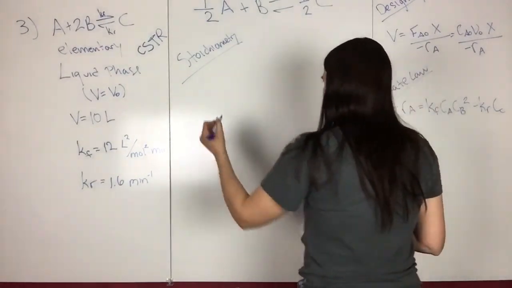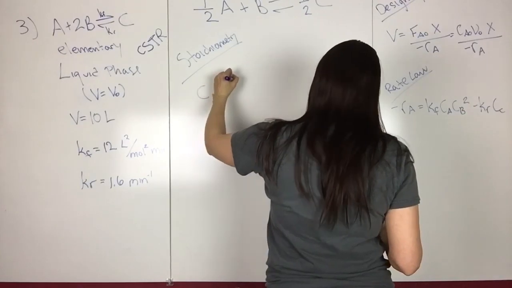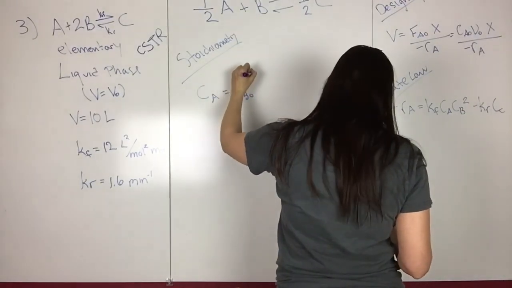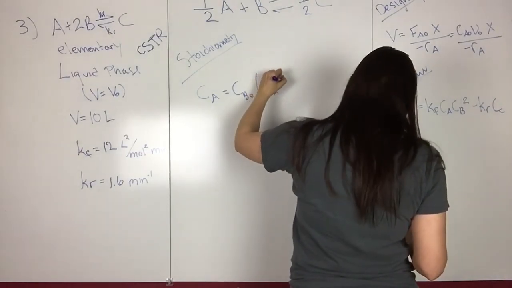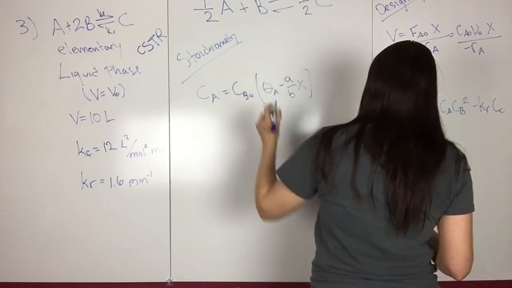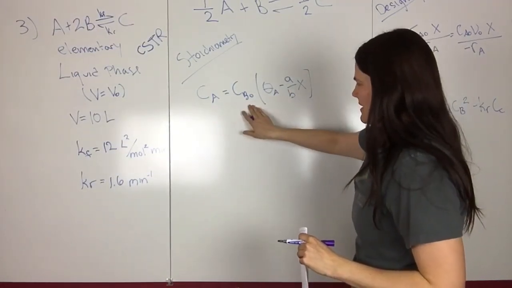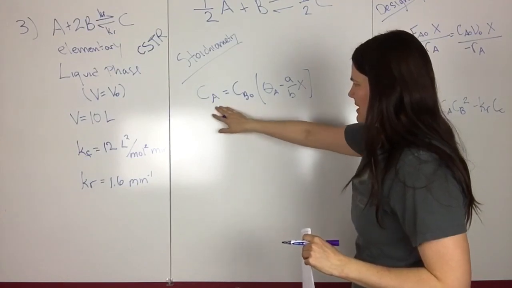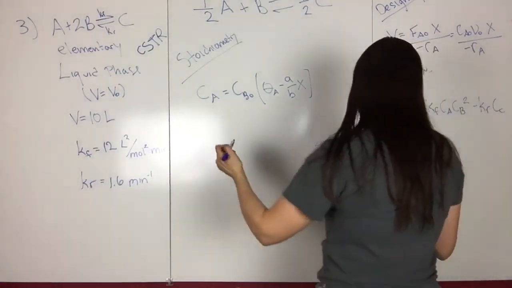So doing that, we would get CA is equal to CB naught theta A minus A over B X. So you can see what the difference is. Normally, if we were using A as our basis, this would be, well, I'll write them all down real quick and then go through that.